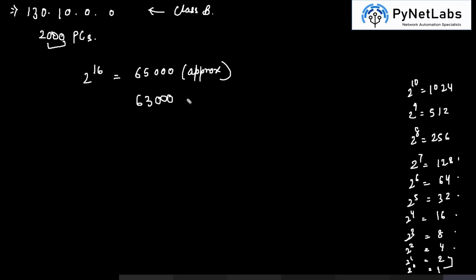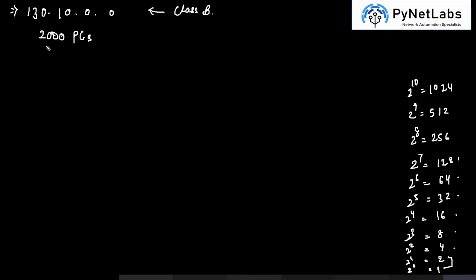So to avoid this wastage, we are using the concept of subnetting. We are modifying the default subnet mask. Yeah, 65,535. So yes, something near 65,500. You can look into that later. So to avoid this wastage of 63,000 IPs, we do the subnetting.